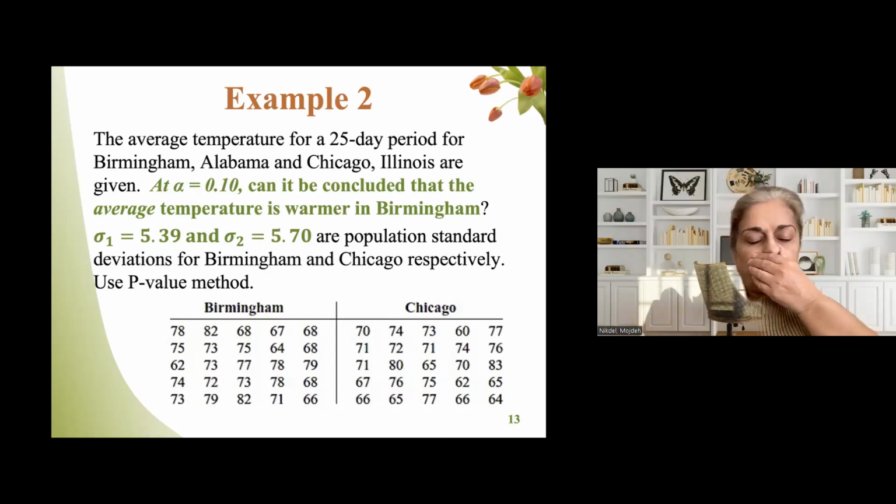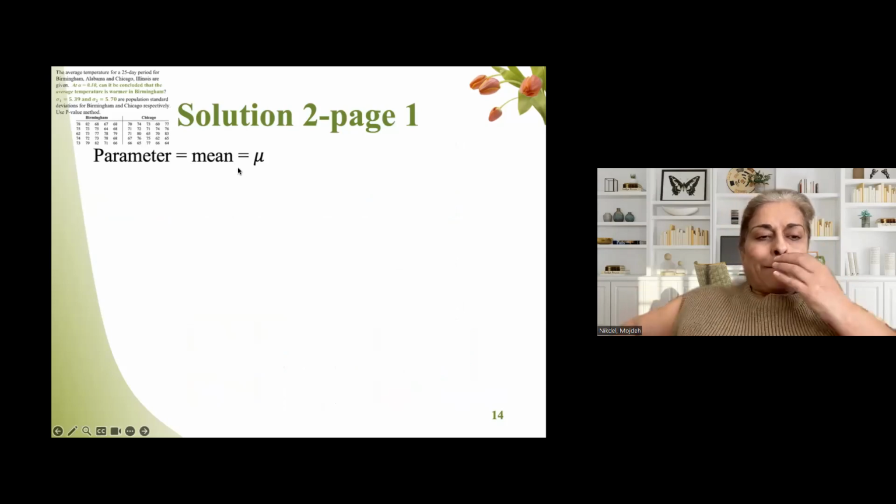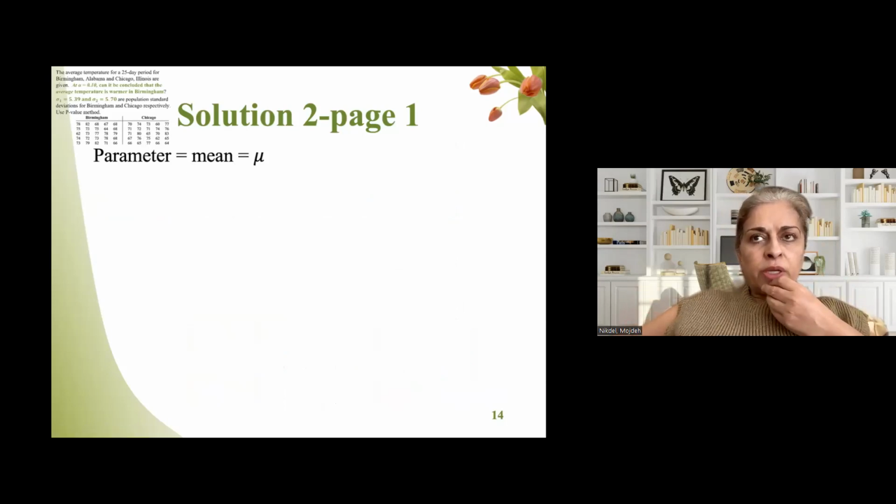First of all, the question says, can it be concluded that the average temperature is warmer? So the parameter here is the mean, mu. When the temperature is warmer, the temperature is higher, correct?